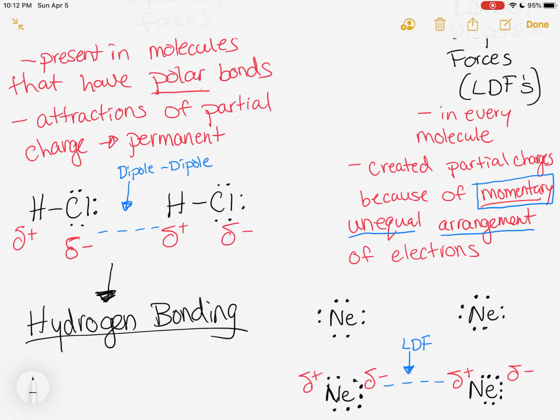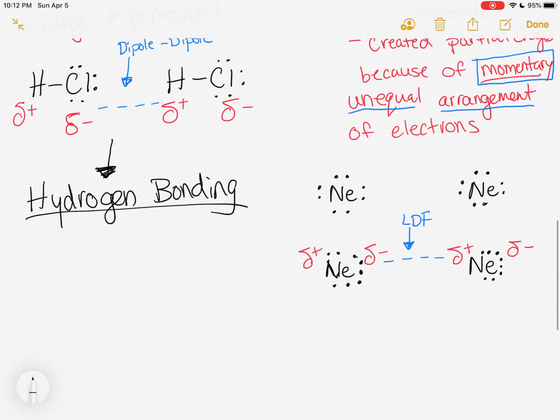So we've already split our intermolecular forces into ionic forces and van der Waals forces. Van der Waals forces has 2 different categories, LDFs and dipole-dipole. Dipole-dipole forces now have a special category that is only for dipole-dipole, and it is called hydrogen bonding. It actually works exactly the same way.